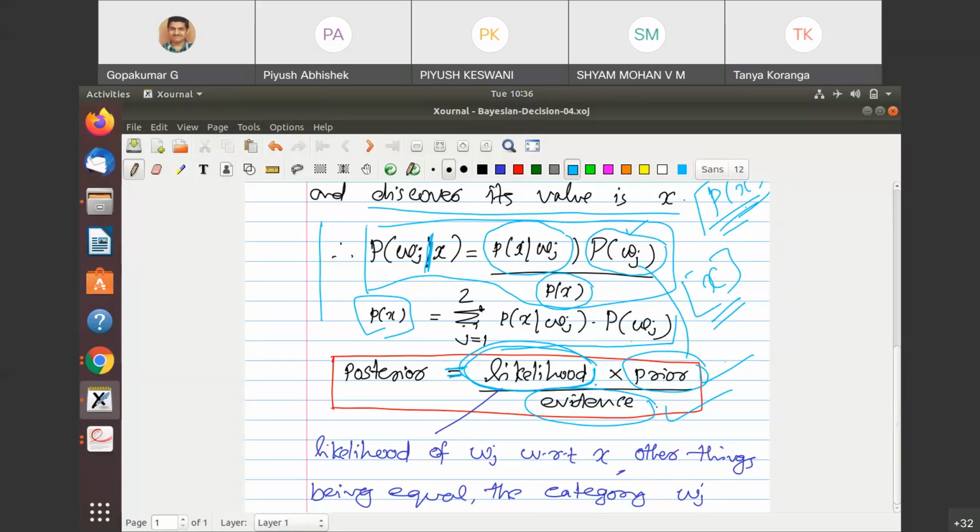On the right hand side, we have the likelihood, the probability of x given wj, times the probability of wj, divided by the probability of x. All of these contribute to a probability called the posterior probability. The posterior probability is the Bayesian probability resulting from the terms on the right hand side of the equation. So the posterior probability is equal to likelihood times prior probability divided by evidence.